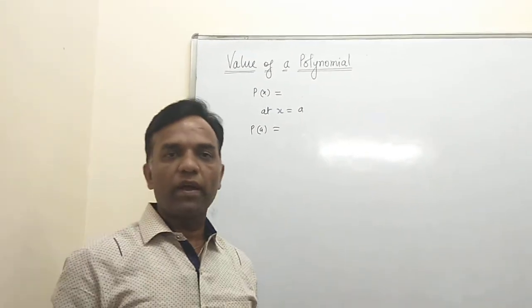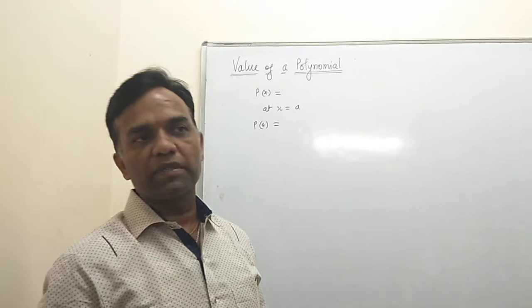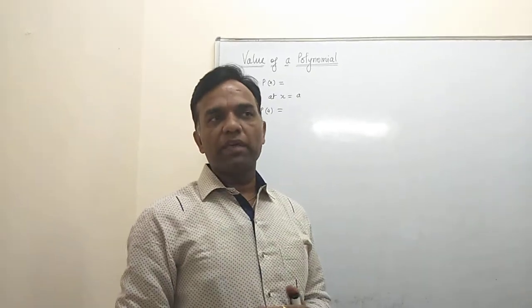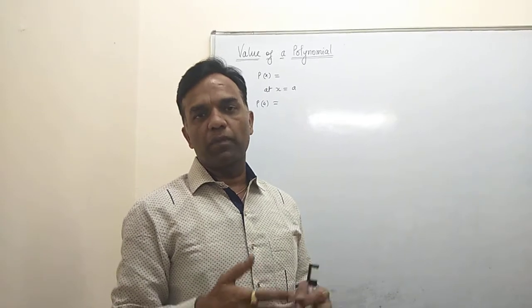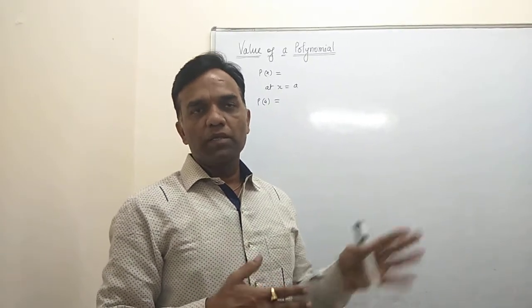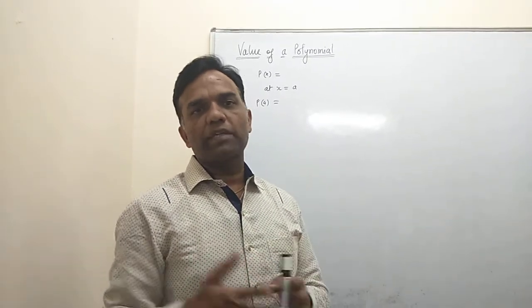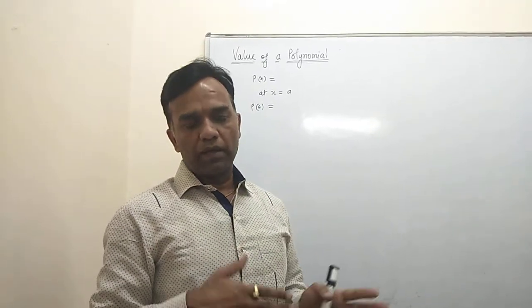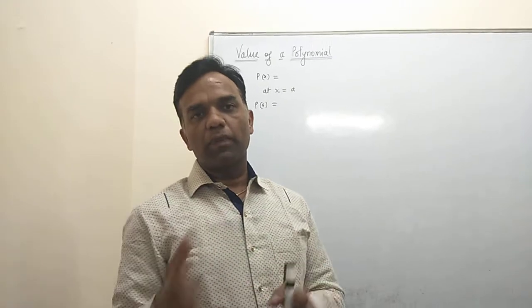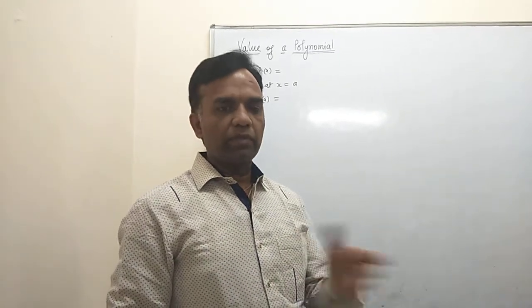If a particular number is given, you replace that number in the given polynomial like p of x, p of y, p of z. Suppose p of x is given, then you replace x by that number. If p of y is given, then you replace y by that number, and if p of z is given, then you replace z by that number.